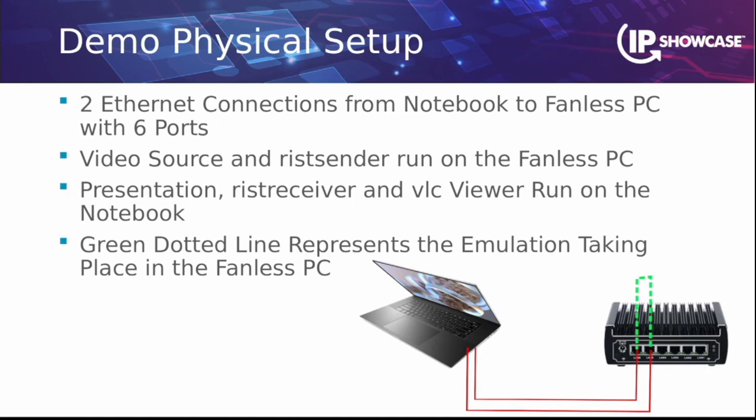On the notebook, we'll start a Rist receiver, and it will detect dropped packets, re-request them, and reassemble the corrected media stream. Then it will output to the local host on the laptop, where we will pick it up and display it using VLC. We'll show a diagram of this later as well.